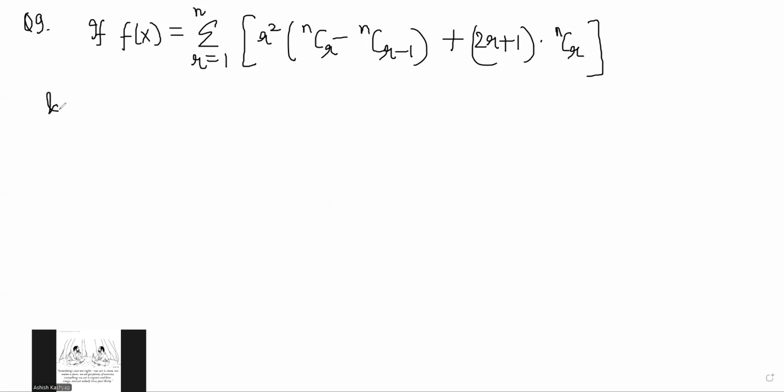Okay, and we also have f(30) is equal to 30 into 2^n, right?